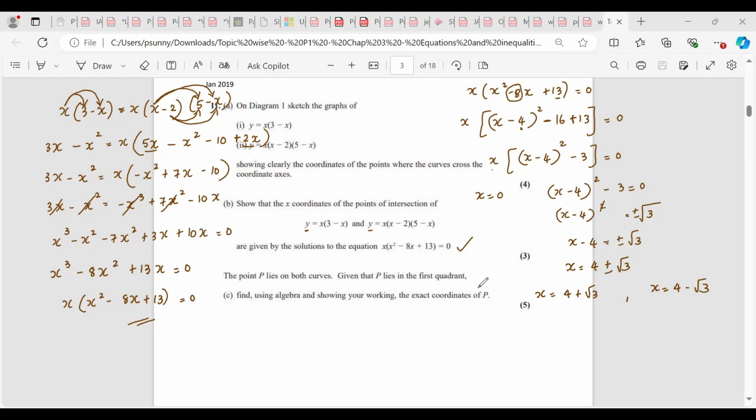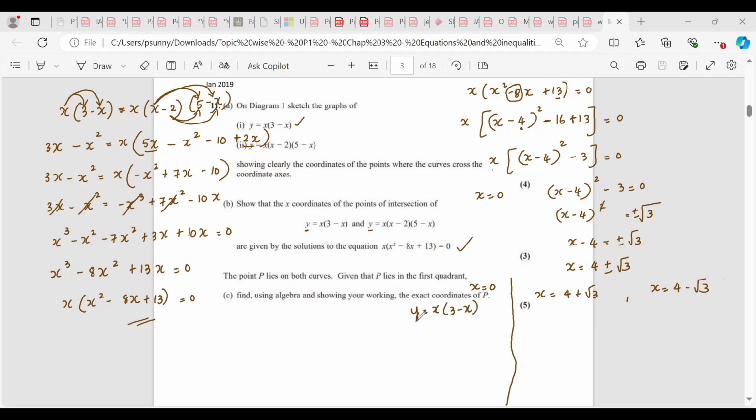Now, also I have x is equal to 0. I need to find out which of these points lies on the first quadrant. That means my x and y should be positive. Let's see, when x is equal to 0, take any one of these equations. So I'll take the easiest one, the quadratic. So y is equal to x into 3 minus x.